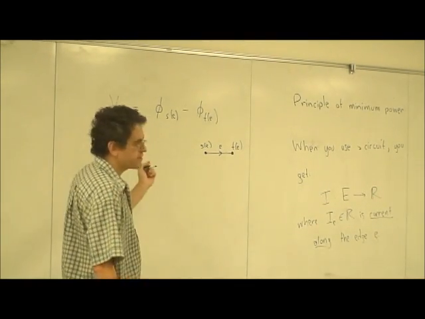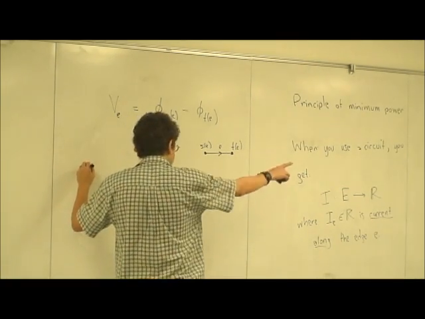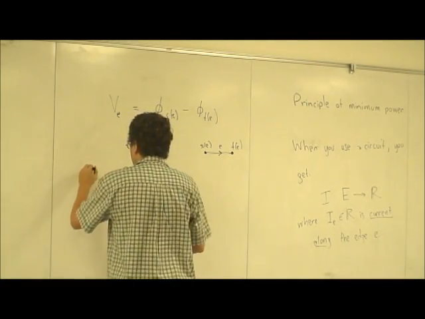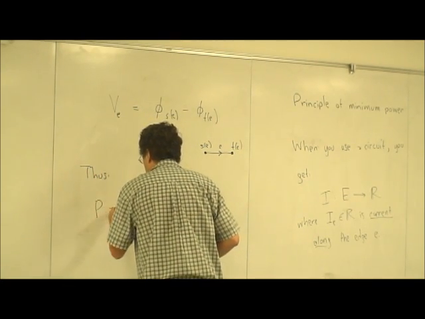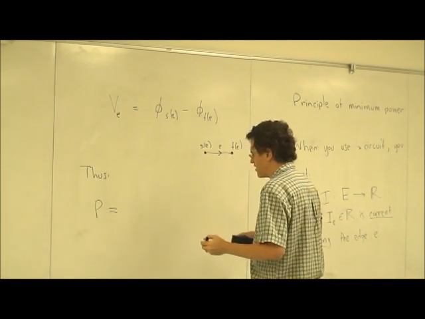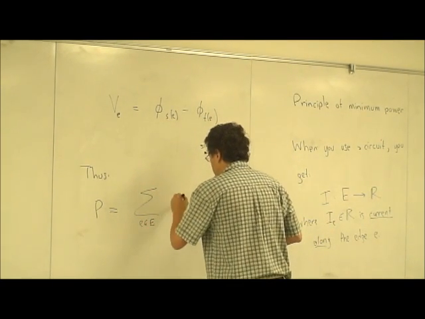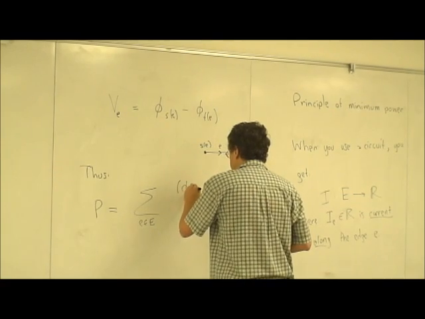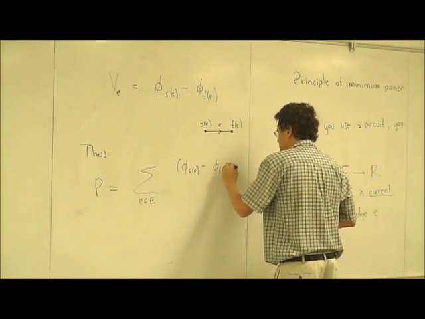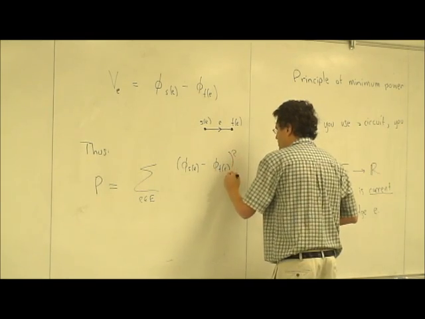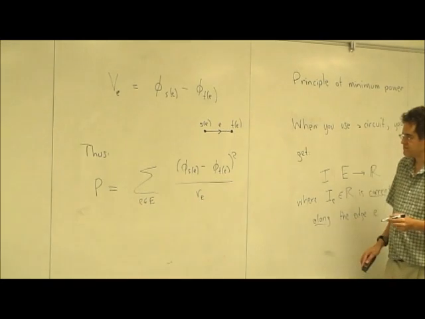And so we can stick that formula in for the voltage as well to get a new formula for power, which is even better. So the power consumed by our electrical circuit is a sum over edges of this difference in potential across each edge squared divided by the resistance of that edge.